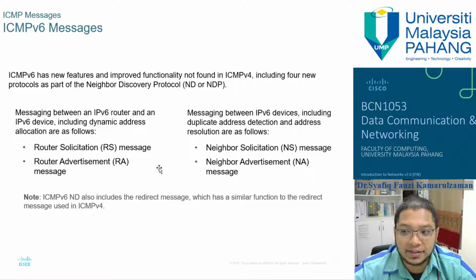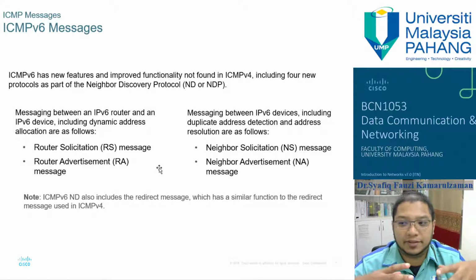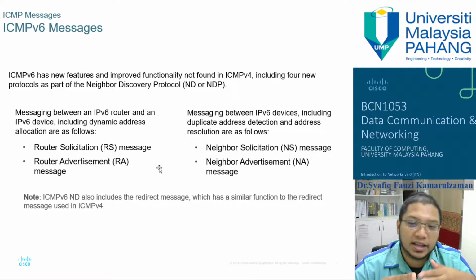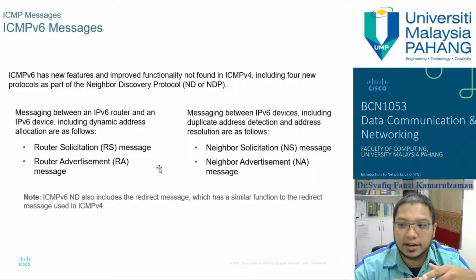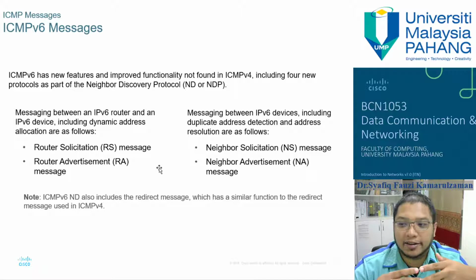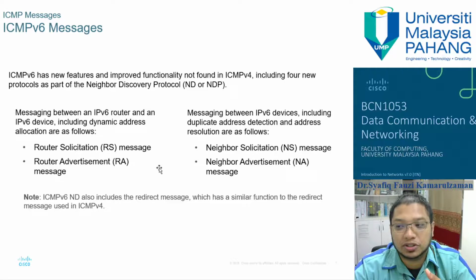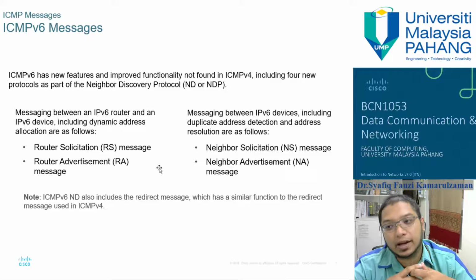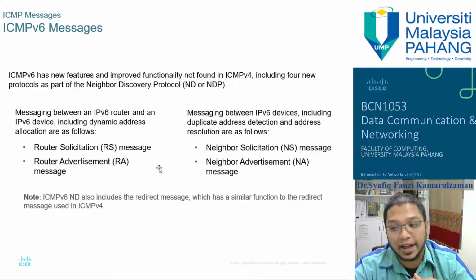Messaging between IPv6 devices also includes similar things, however they include duplicate address detection and address resolution, which use the neighbor solicitation message, called NS, and the neighbor advertisement message, called NA.